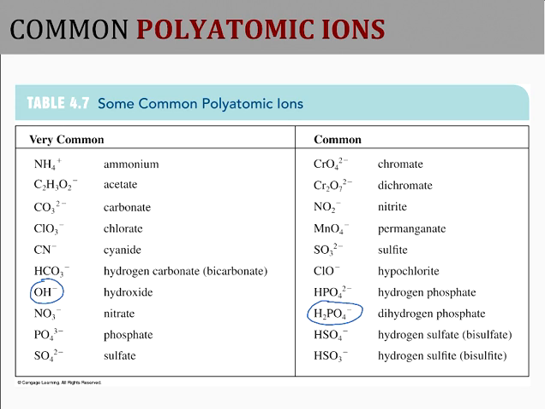Because we're online, I can't control whether you have a table of polyatomic ion names in front of you, but I will post some flashcards on Canvas so that you can practice learning the different polyatomic ion names, because it is really important to know them in chemistry.